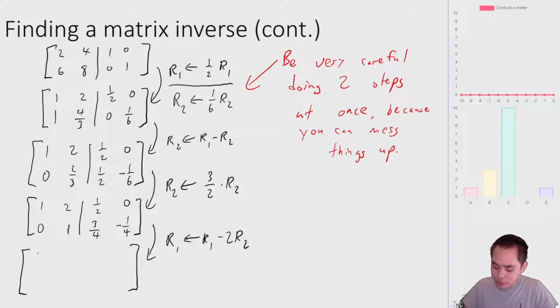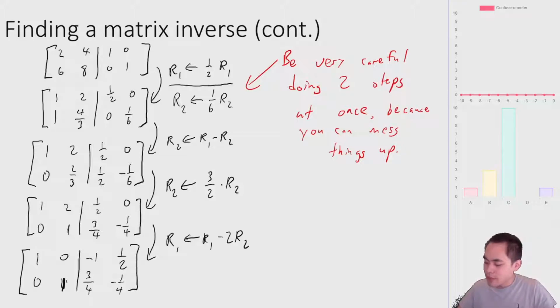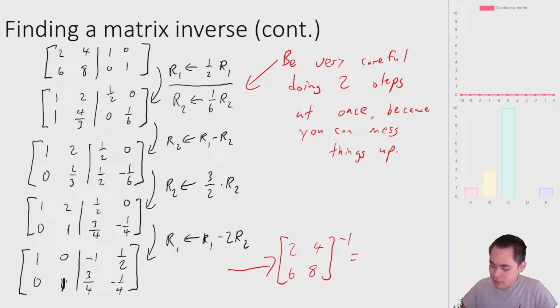And when we do that, you end up getting 1, 0, 0, 1 on the left here, and minus 1, 1/2, 3/4, minus 1/4 over here. And so this is one way of computing the matrix inverse. So this implies that the inverse of 2, 4, 6, 8 is equal to minus 1, 1/2, 3/4, and minus 1/4.